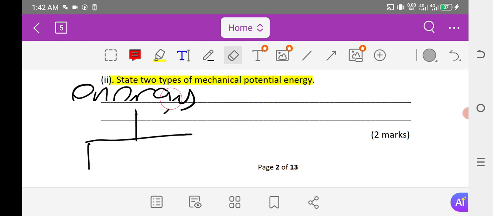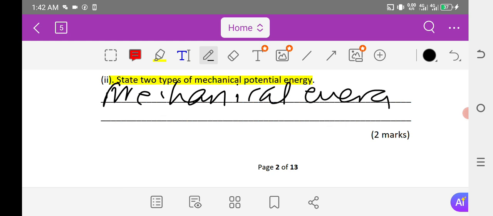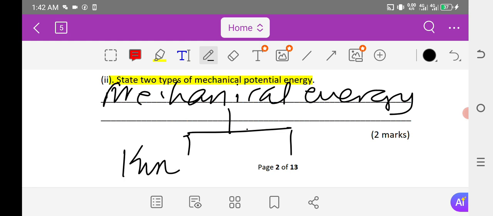All right, no. This isn't right. Mechanical energy can be divided into two categories, namely kinetic energy, which is the energy of a body due to its motion.